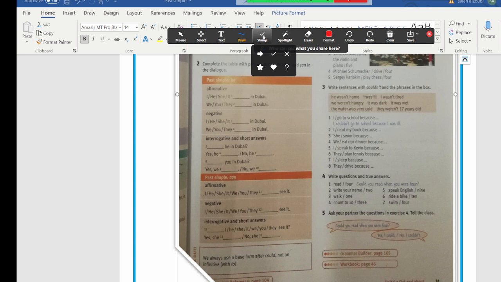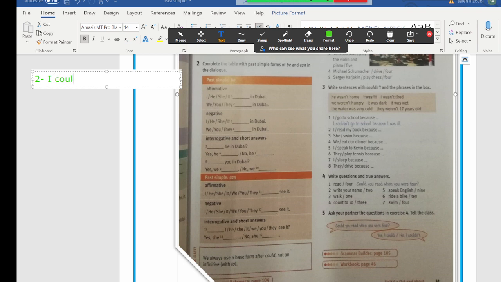The first one is done. Number 1. I couldn't go to school because I was ill. Number 2. I couldn't read my book because it was dark.